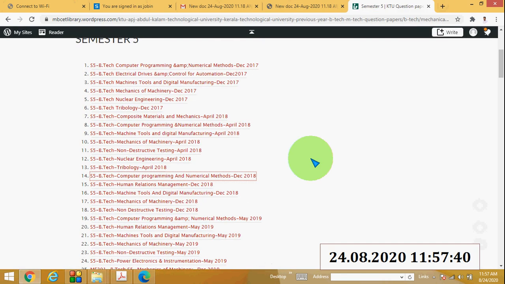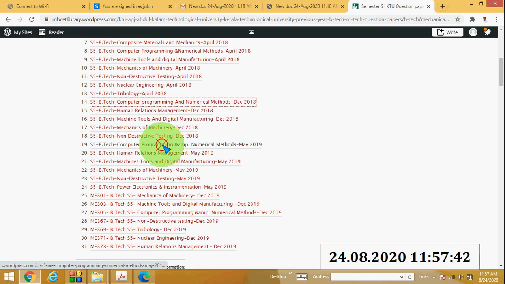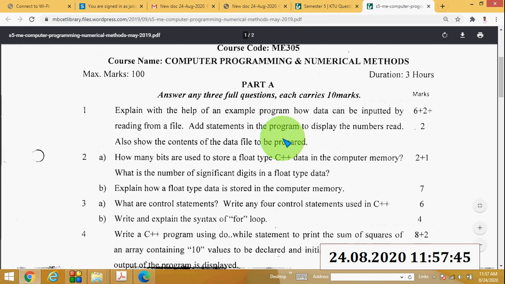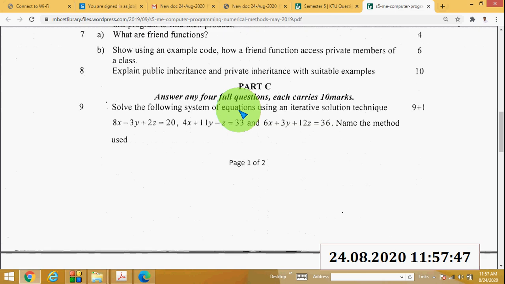Then another question, May 2019, question number 9: solve the following system of equations using an iterative solution technique, and name the method used. Here the Gauss-Seidel method is not mentioned, but you have to solve this with the help of the Gauss-Seidel method. 8x minus 3y plus 2z is equal to 20, 4x plus 11y minus z is equal to 33, and 6x plus 3y plus 12z is equal to 36.